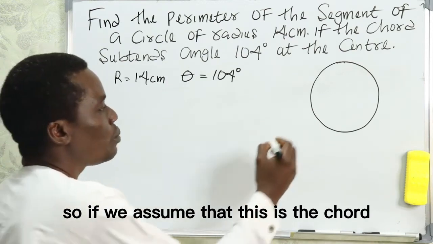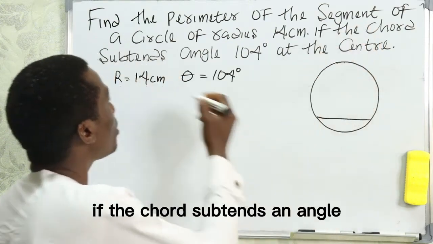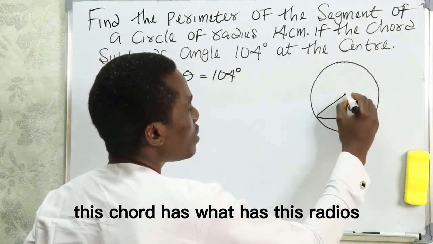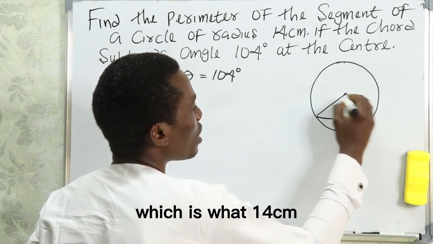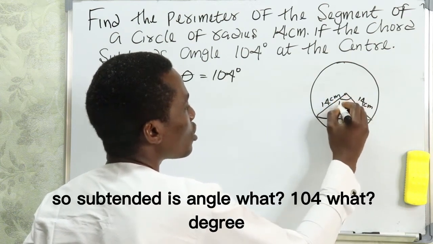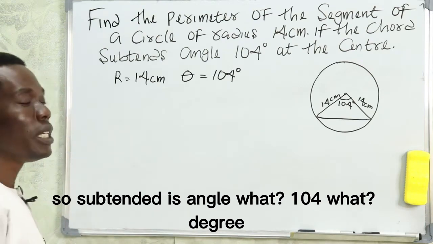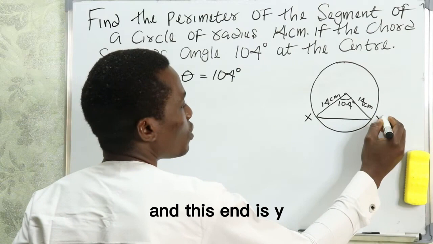So if we assume that this is the chord, remember they say it is a chord, this chord has this radius, which is 14 centimeters, and this is 14 centimeters, and this angle subtended is 104 degrees. Now let's assume that this end of the chord is X and this end is Y.